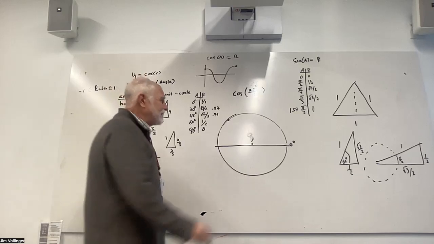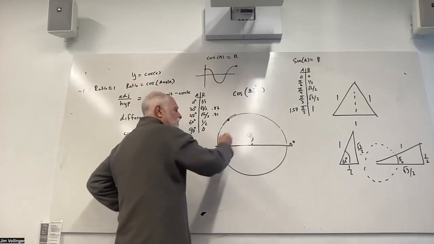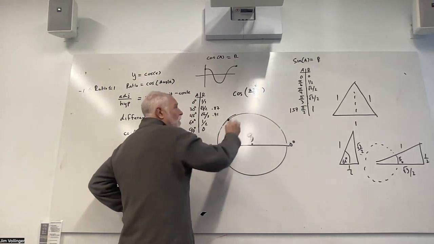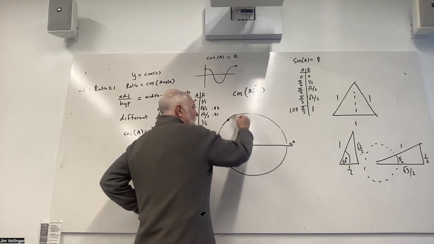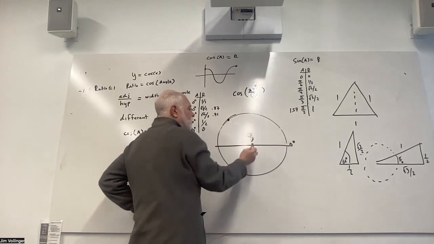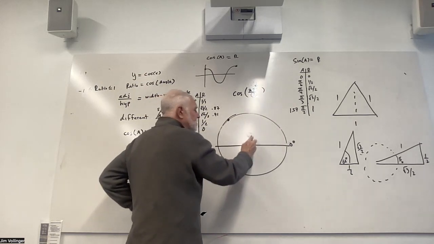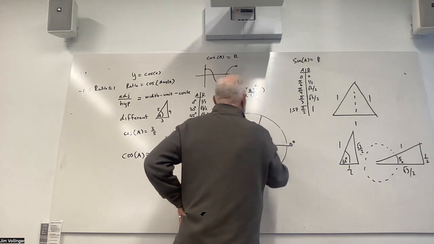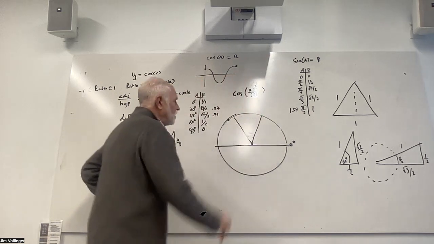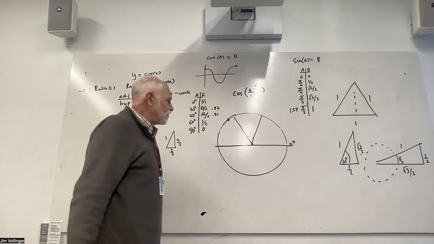Pi is the top half of the circle in terms of circumference in a unit circle. So I'm going to look at the top half and divide it up into 3 parts, and good drawings get good answers. That looks pretty good. Well, I said it was over here and I missed it a little bit.